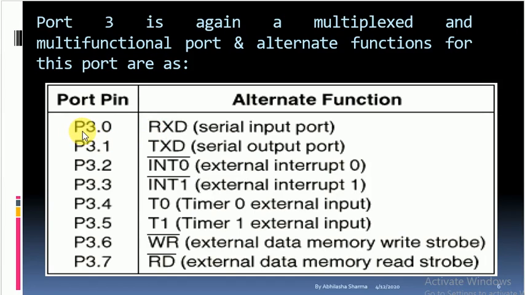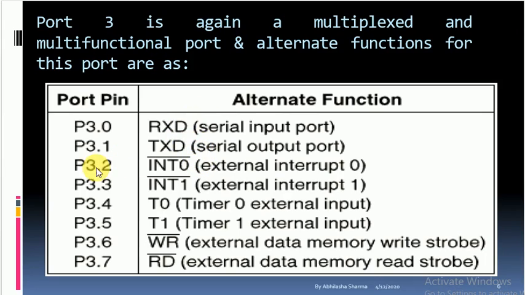Pin P3.0 is used for the serial input port, or we can say it is used for receiving data, and P3.1 is used as the serial output, for the transmission purpose. So these two pins are used for serial communication.